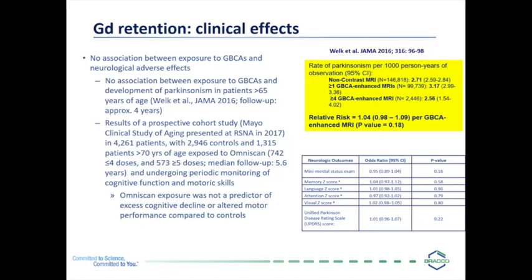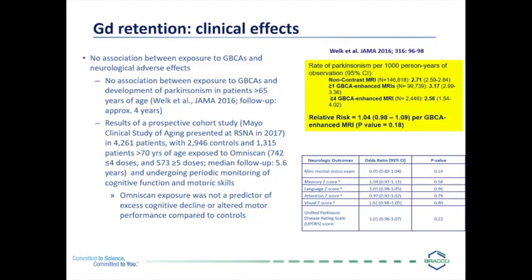The central clinical question in regard to gadolinium retention is whether retained gadolinium has a clinically meaningful effect. What do available data tell us in this regard? The currently available data are mainly based on clinical retrospective studies involving large cohorts of patients, like the large population-based study by Welk and colleagues, including almost 100,000 patients receiving at least 1 dose of GBCAs, that showed no significant increase of Parkinsonism compared with patients undergoing an unenhanced MRI.